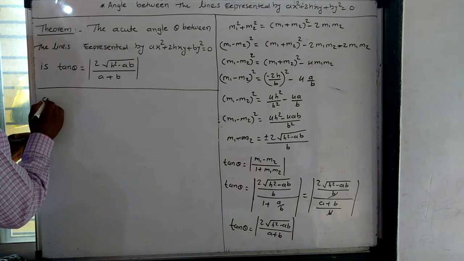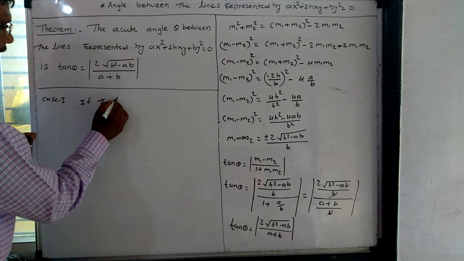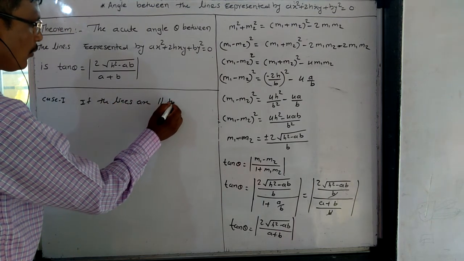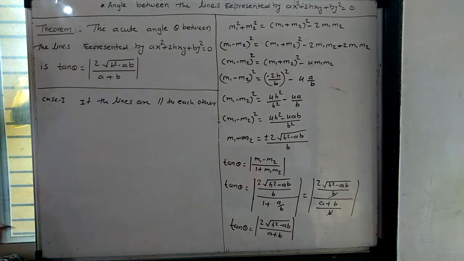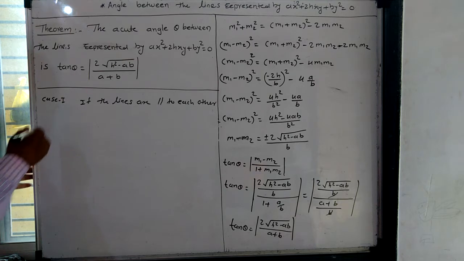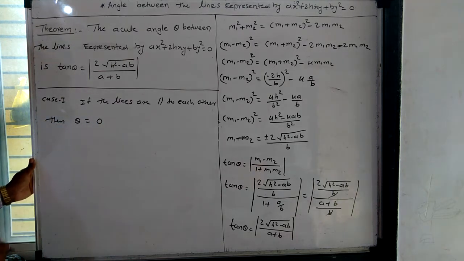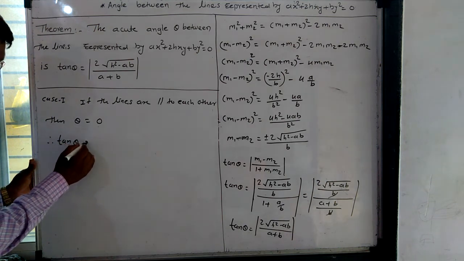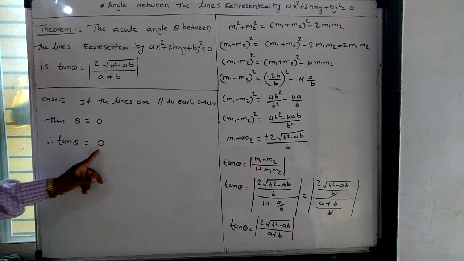Case first, if the lines are parallel to each other, जर दोन लाईन एकमेकाला पॅरलल असतील तर then theta is equal to 0 and therefore tan of theta must be equal to 0. tan theta ची किंमत जर 0 ठेवली तर tan theta ची किंमत काय येणार आहे? 0 येणार आहे.